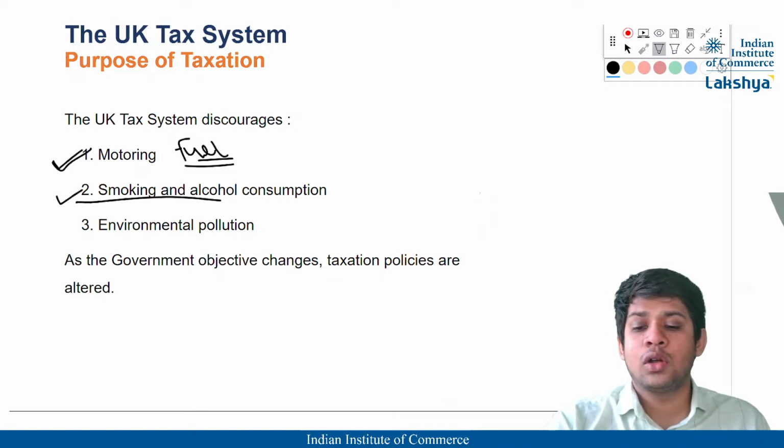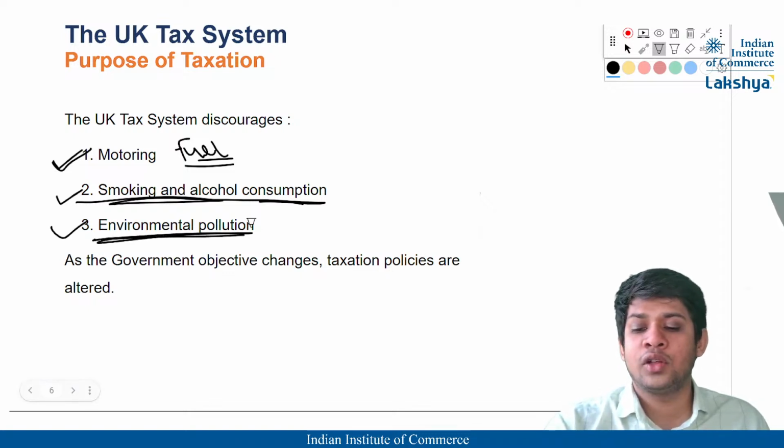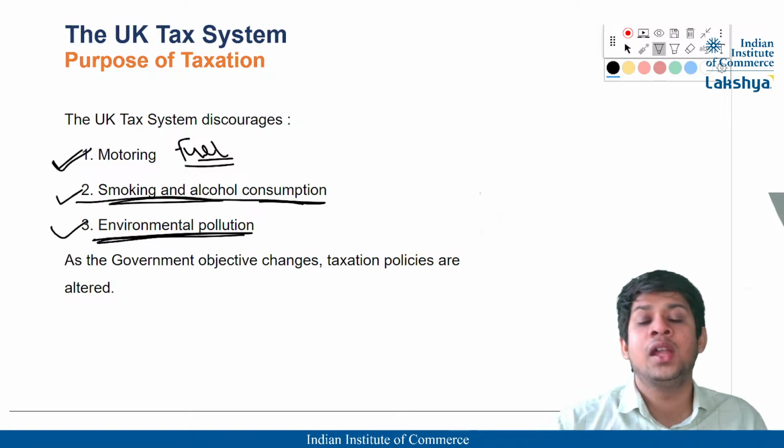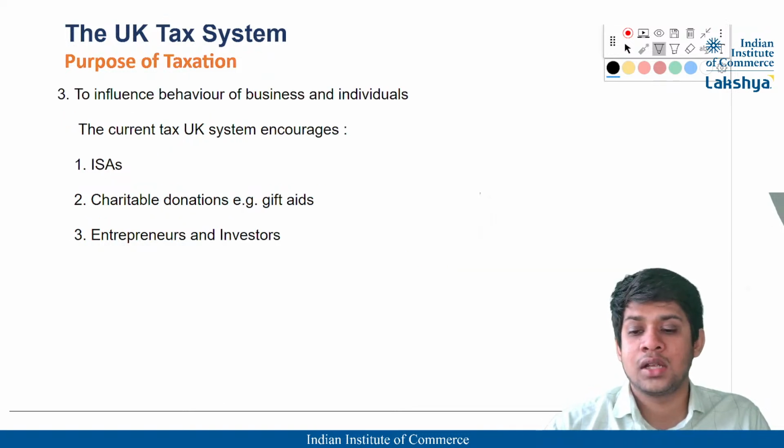Okay. Any smoking or alcohol consumption, the government discourages it. So the government charges additional tax on it. Okay. Environmental pollution: if you're running any factory where your machineries are not environmentally friendly, they're causing a lot of pollution, so on that you will have to pay additional tax. Okay, because obviously the government discourages such activities.